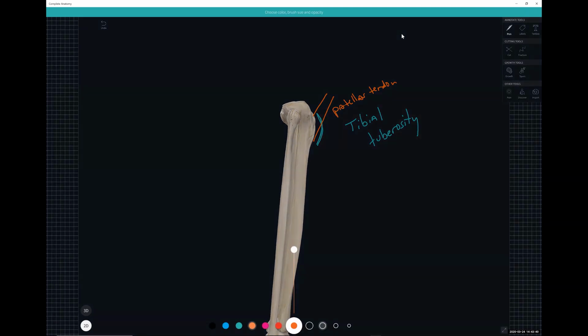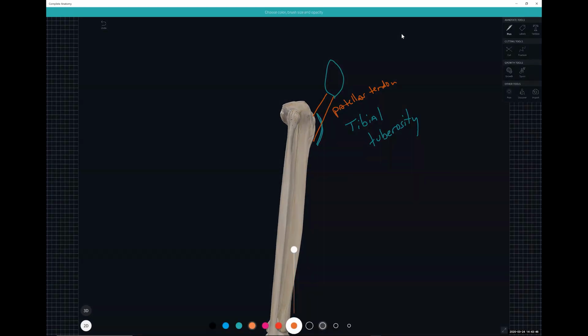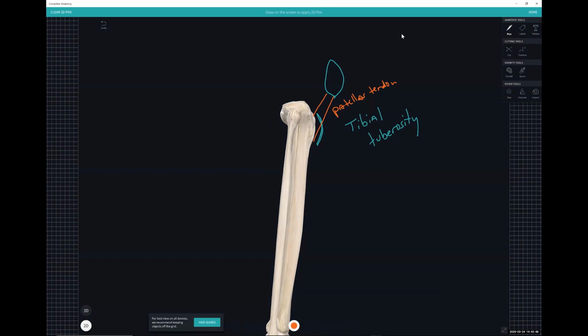My patellar tendon connects to the patella, and my patella connects to my quad muscles. So how many quads are there? Well, quad means 4, so there are 4 quad muscles that come down and connect into the patella.